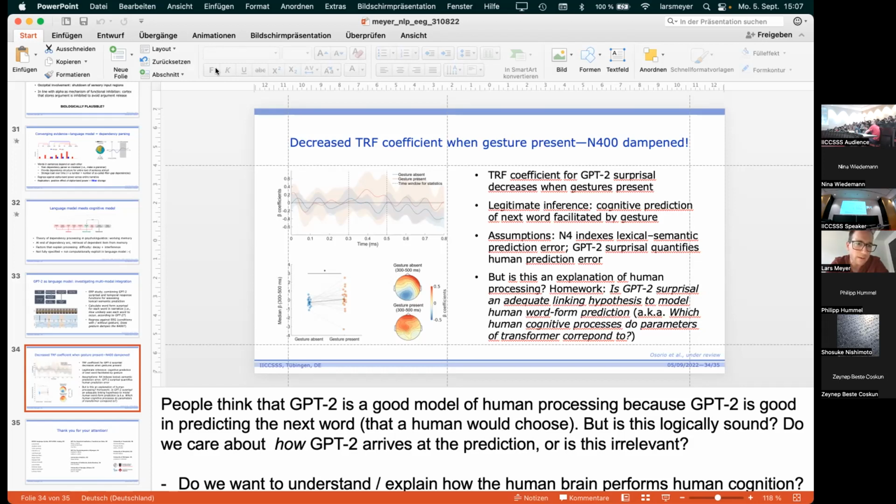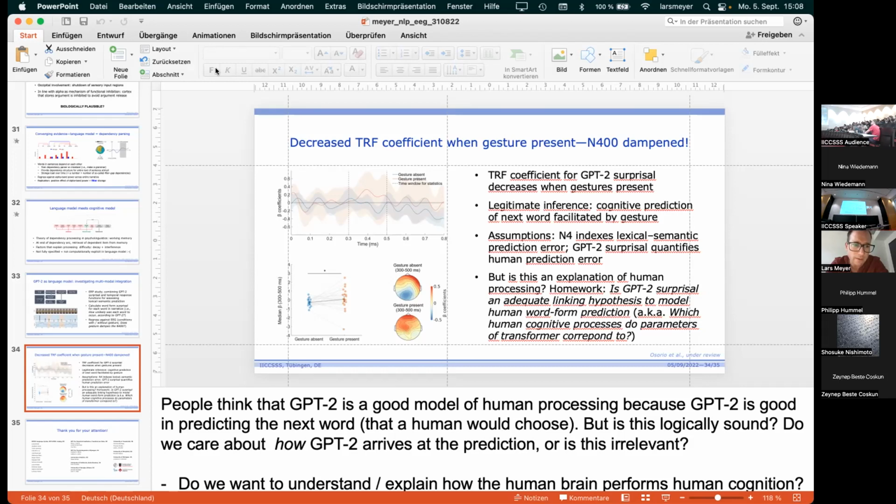I agree. And that's a possible research direction. I'm saying there's nothing wrong with that.